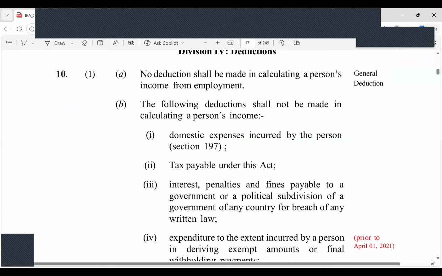So I have given in my slides in a summary form, so you can see these expenses in the act like this.